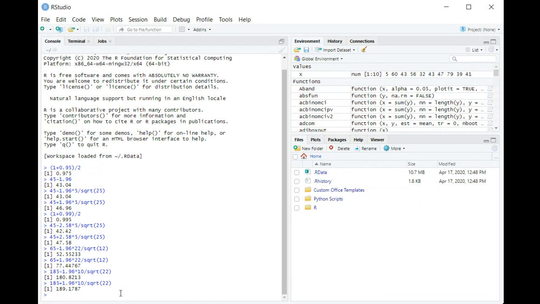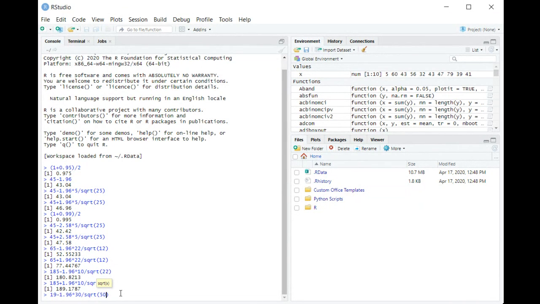Okay, so the last one on this one, X bar is 19. 19 minus 1.96 times the standard deviation, which is 30, divided by the square root of n equals 50 in this case.